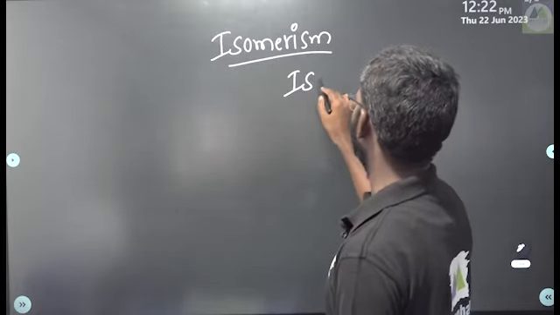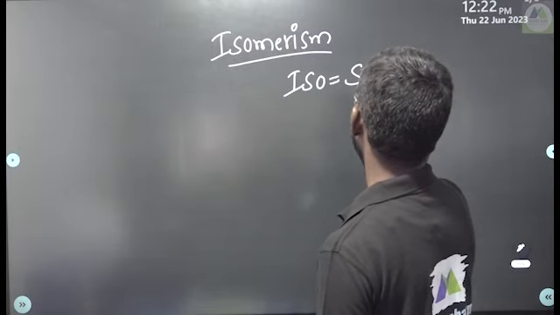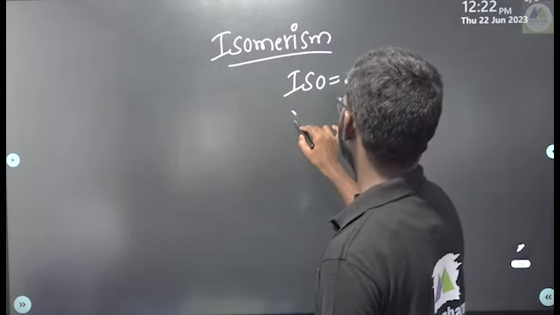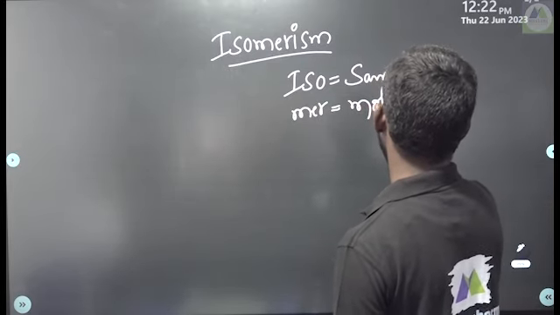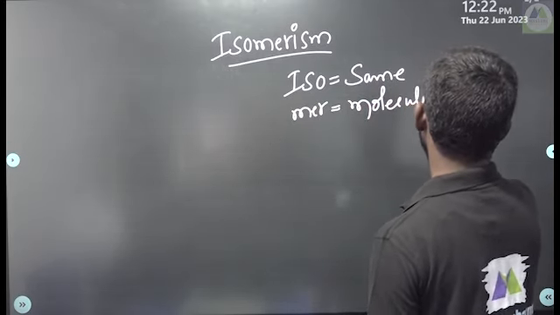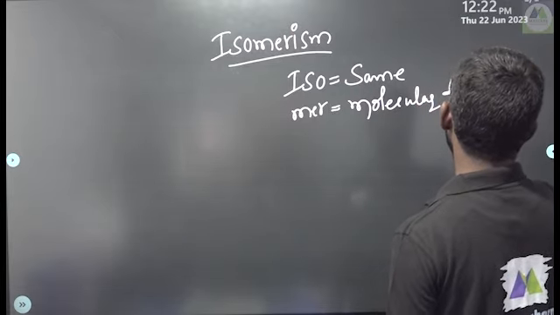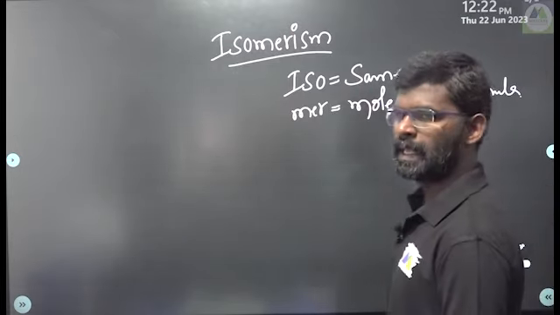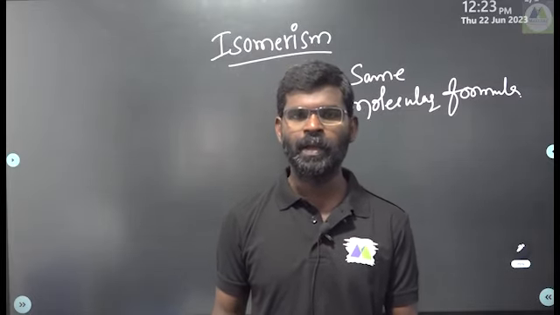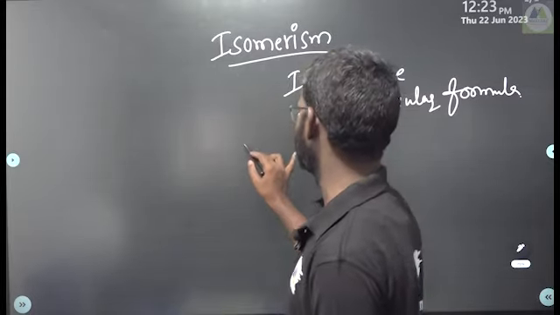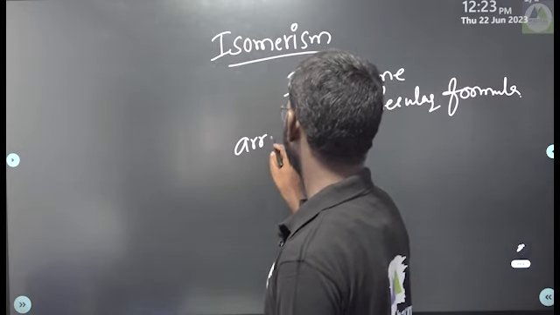Iso, we know, means same. Mer means molecular formula. So same molecular formula, then what is the difference?